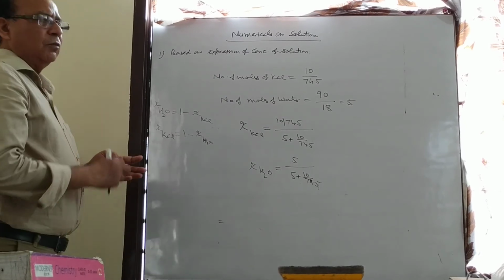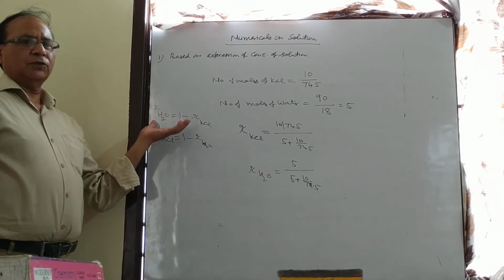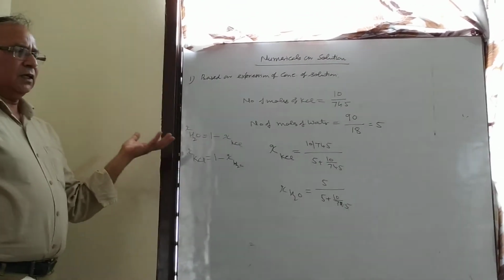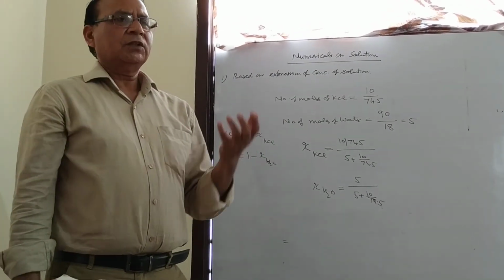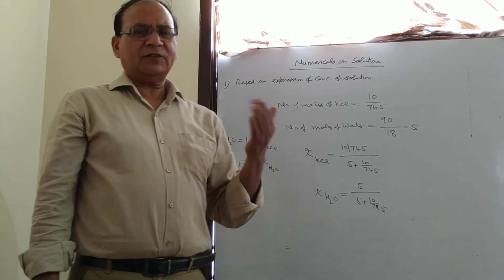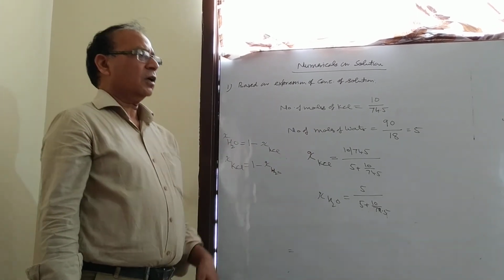Okay, so total mole fraction of all the components in a solution is always 1. So suppose there are three components: calculate the mole fraction of two components, and the third one's mole fraction is 1 minus the sum of mole fractions of the other two components.